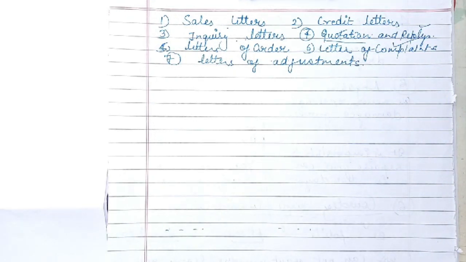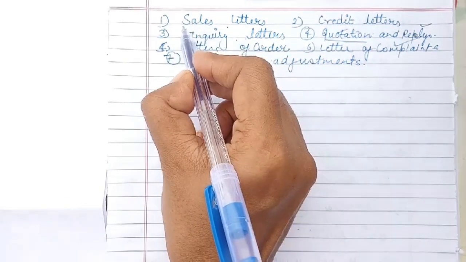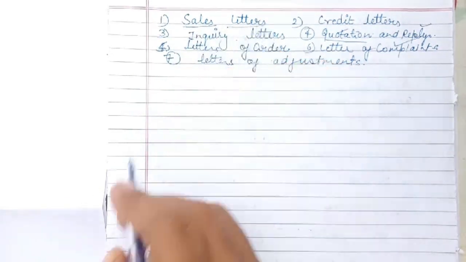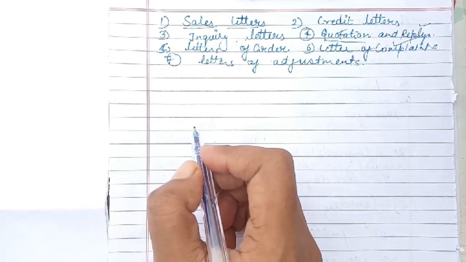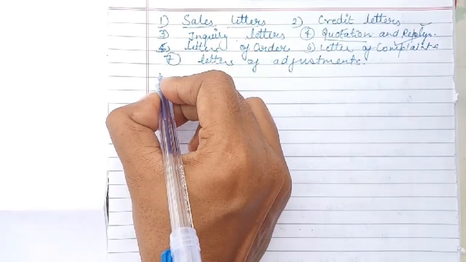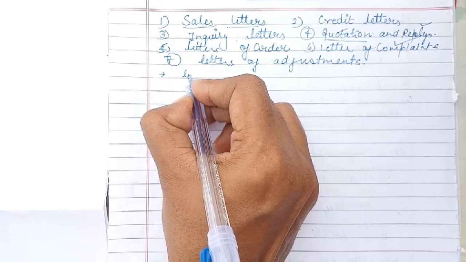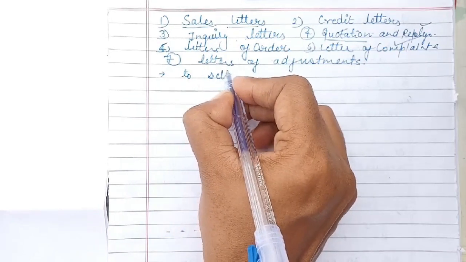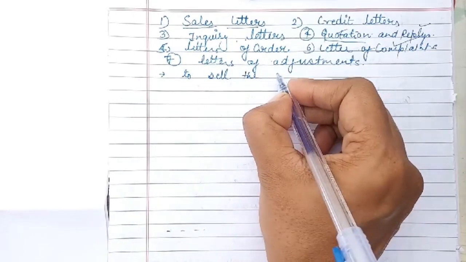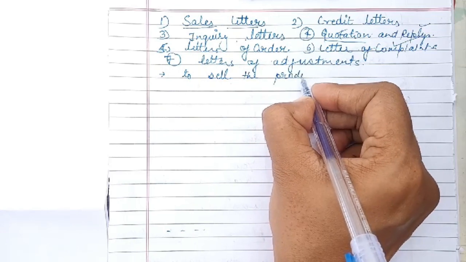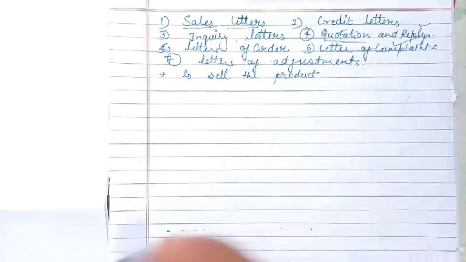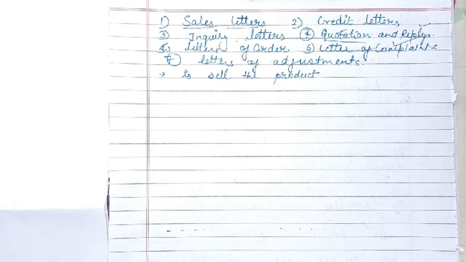One by one we will understand their meaning. If we talk about the first one, a sales letter, it is generally written to sell the products, and to convert its readers into potential customers.